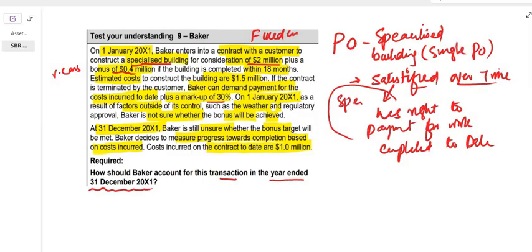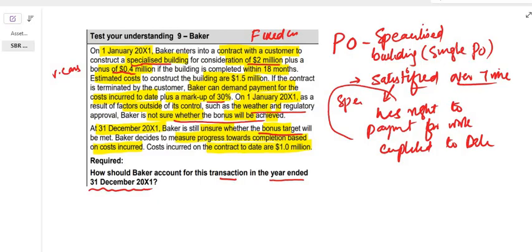So the bonus of 0.45 million is variable consideration, since B is unsure whether the bonus will be achieved due to external factors, such as weather and regulatory approval, and the bonus should not be included in the transaction price.